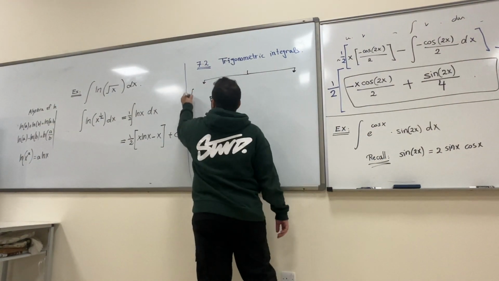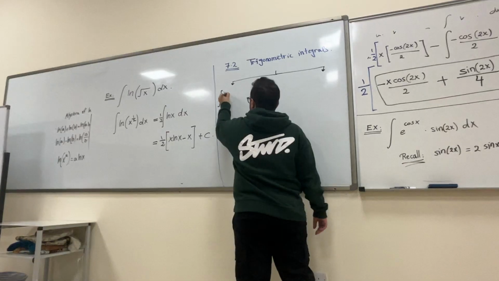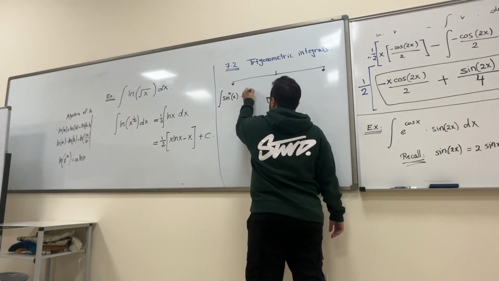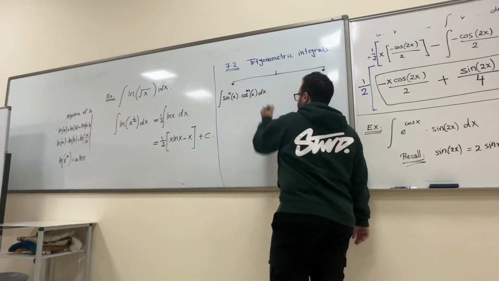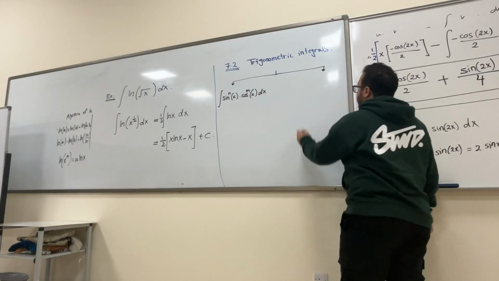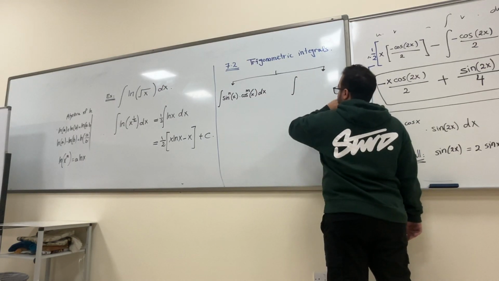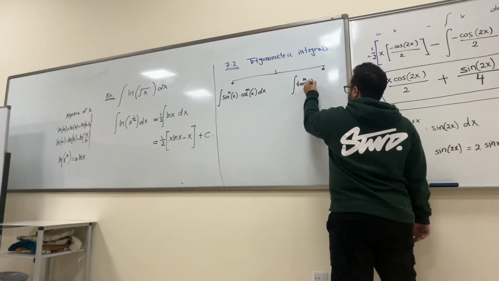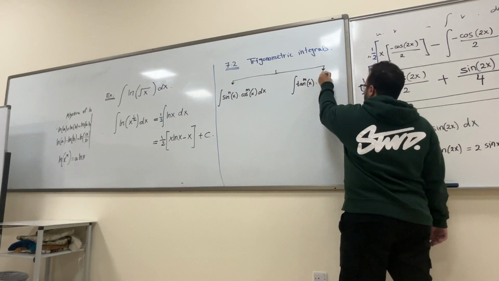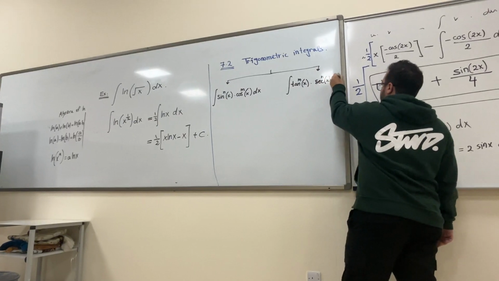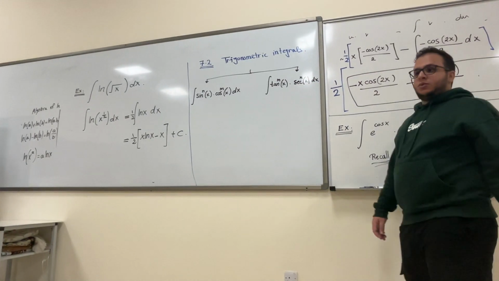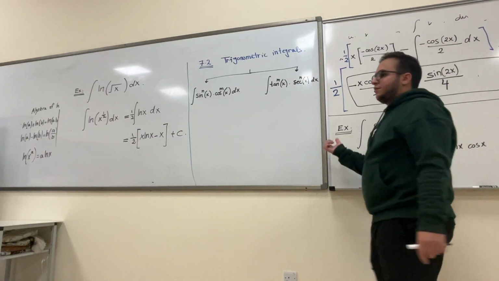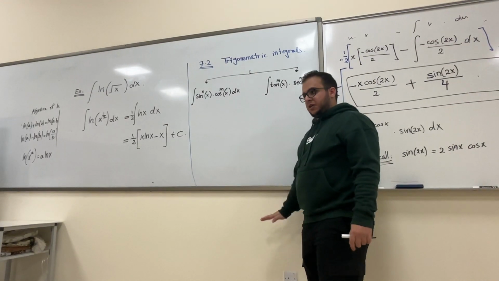We have integration of sine power n cosine power n, and integration of tan power m secant power n. These are the two types of questions we discuss in this section. Any integration in this form, you use these techniques.